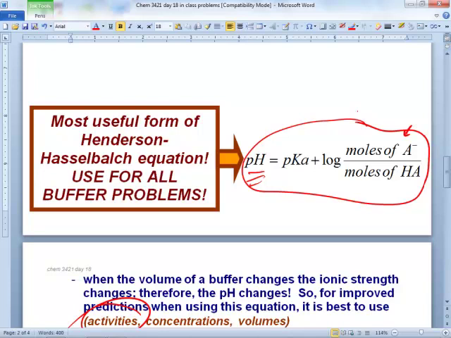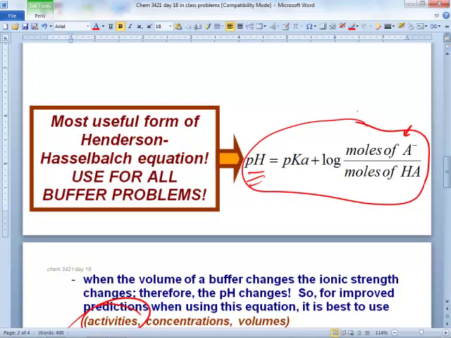If you have more HA than A minus, then you're betting that you're going to be adding some base, but you don't know. You're just making a buffer. Would you want a whole lot of A minus? Then you're betting that acid's going to be added. Both, to have them pretty much the same. If they're the same population, that's about as good as you can get.